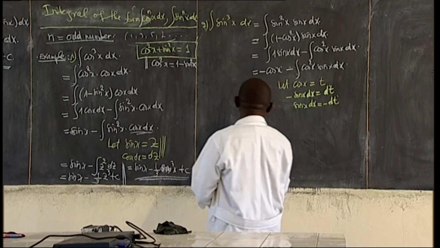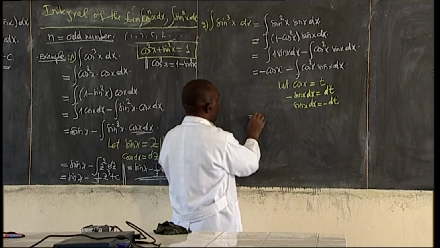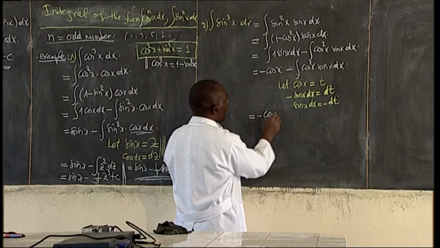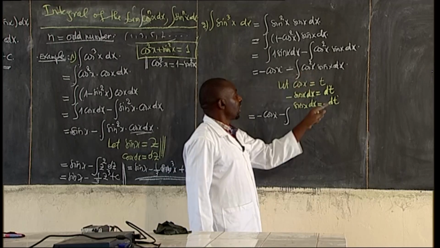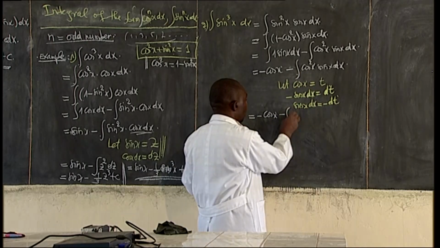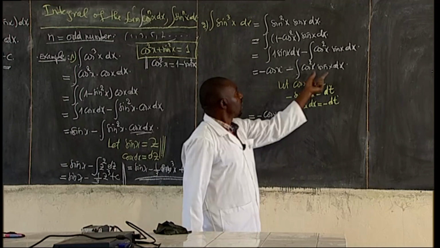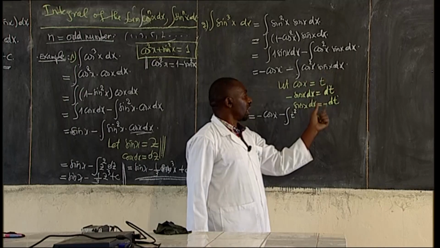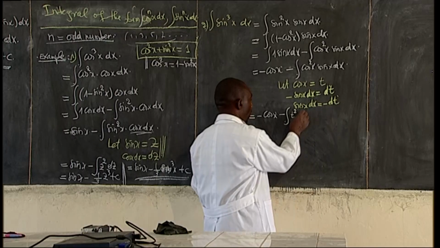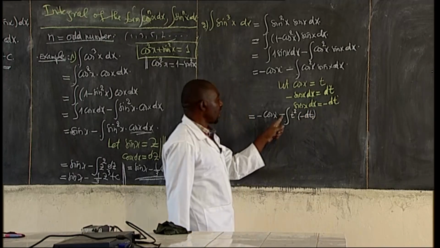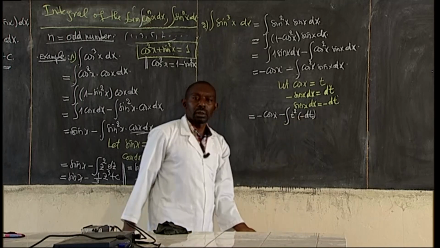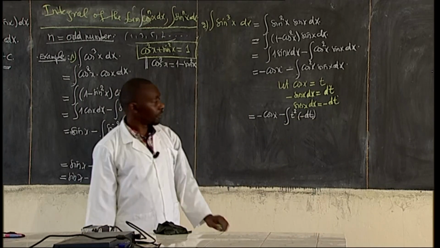And my integral becomes minus cosine x minus integral, cosine x is t, t squared, sine x dx is minus dt. So times minus dt. So this negative sign, that one, it will become positive.